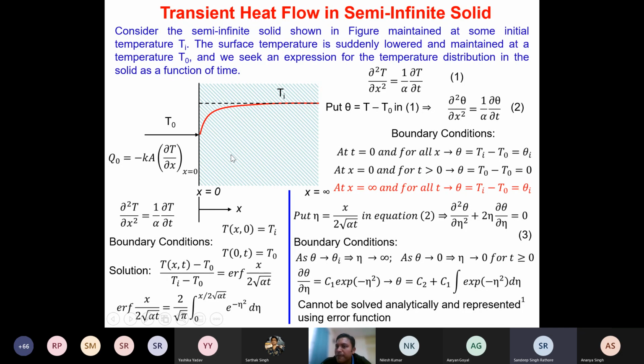So at what length my temperature T is going to become Ti heavily depends on this alpha. That's why we have used alpha to non-dimensionalize. It is not arbitrarily used. There is some basis for using alpha. Does that answer your question?